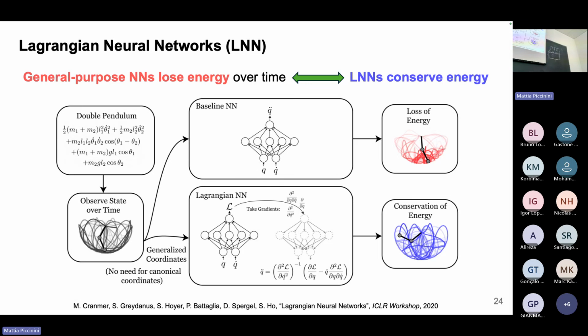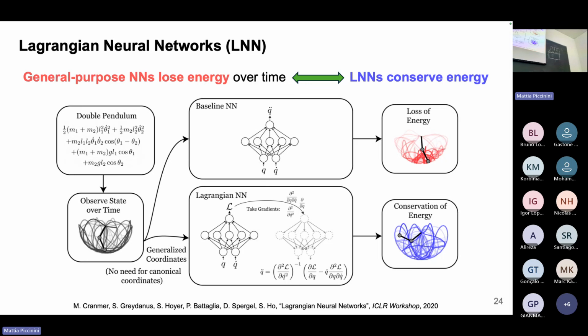But the problem is, commonly, here it showed that it was losing energy. I'm not really sure that the opposite can't also happen. Because if you train just on q double dot, there is no reason why you would not learn a little bit more acceleration; maybe you may also gain energy, and you diverge.